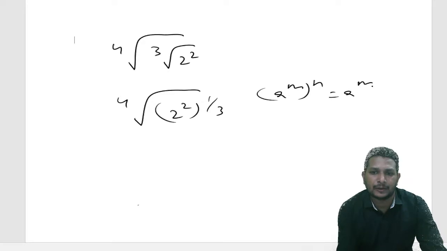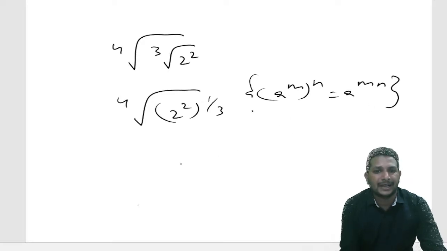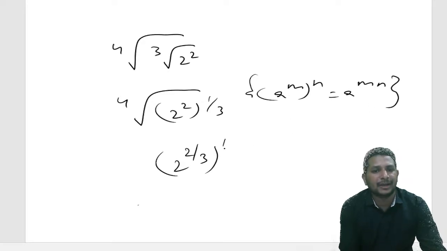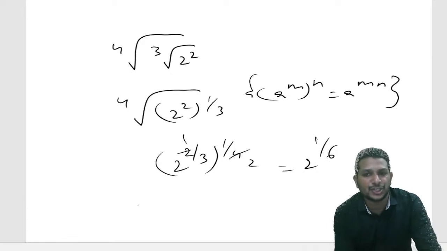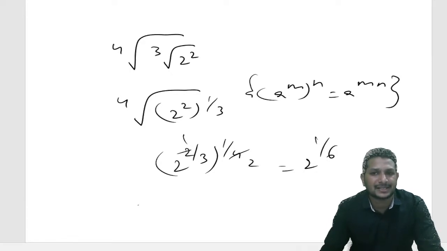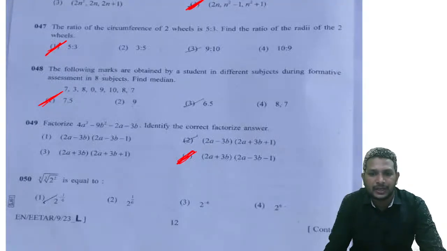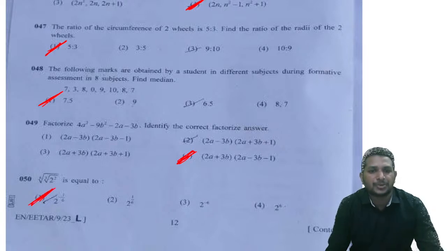A power mn. So I'll be writing 2 power 2 by 3 power 1 by 4. 2 ones 2, 2. So we'll be getting it as 2 power 1 by 6. So we got the answer as 2 power 1 by 6. That's nothing but option 1. Okay. So the answer for this question is option 1.